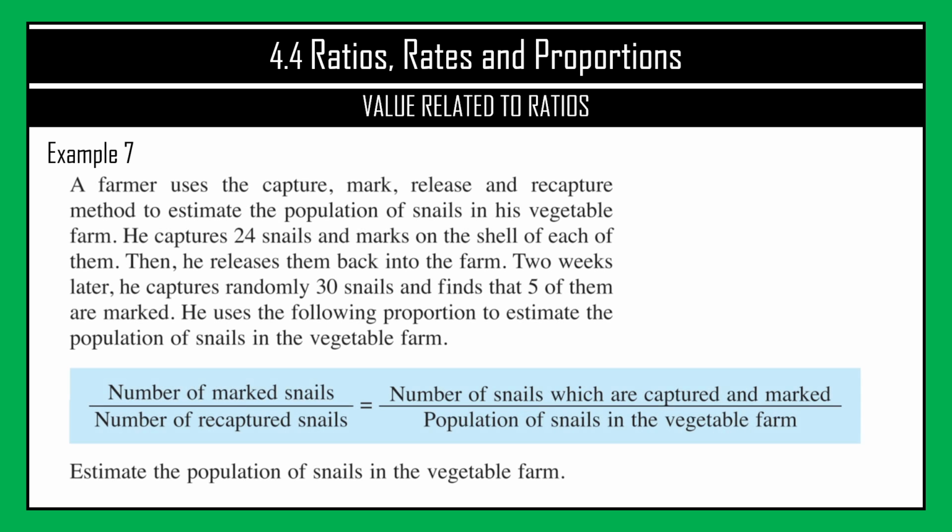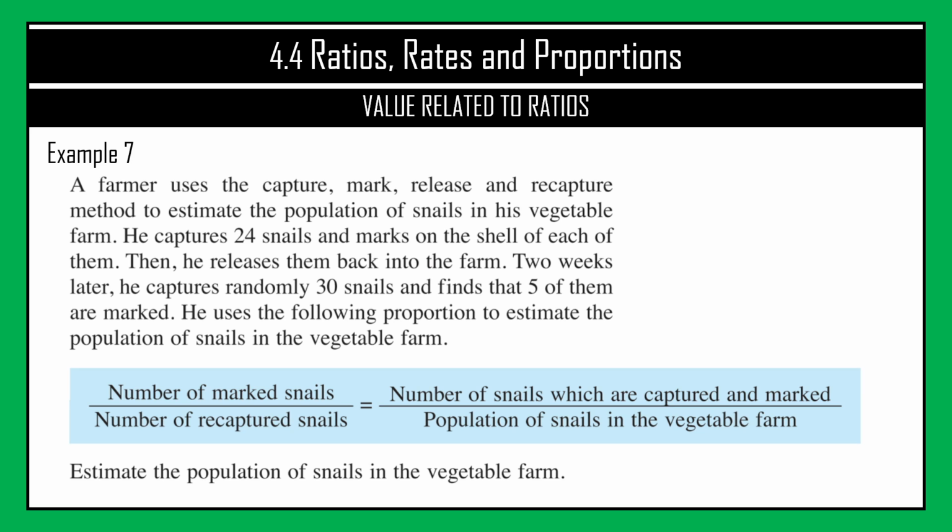Okay, now let's see how we do estimation. Okay, so there's a question here. A farmer uses the capture, mark, release and recapture method to estimate the population of snails in his vegetable farm. He captures 24 snails and marks them on the shell of each of them.